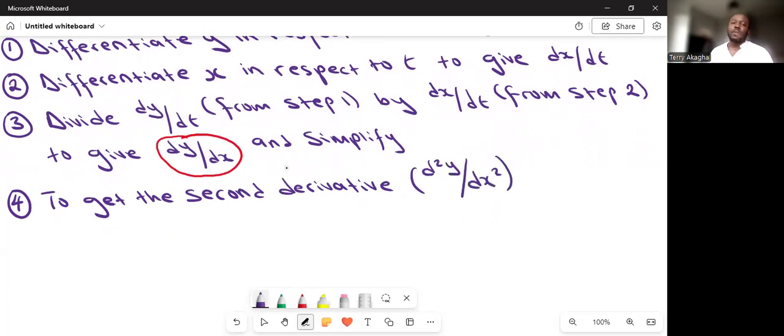To get the second derivative, the first thing you have to do is to differentiate dy over dx, the dy over dx that you got from step 3, in respect to t.